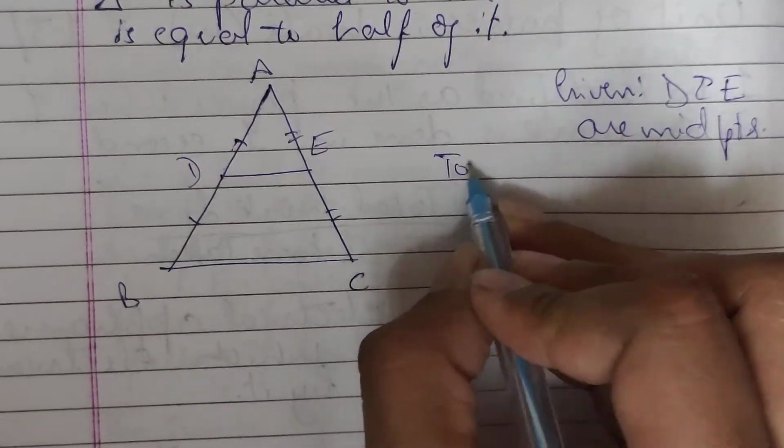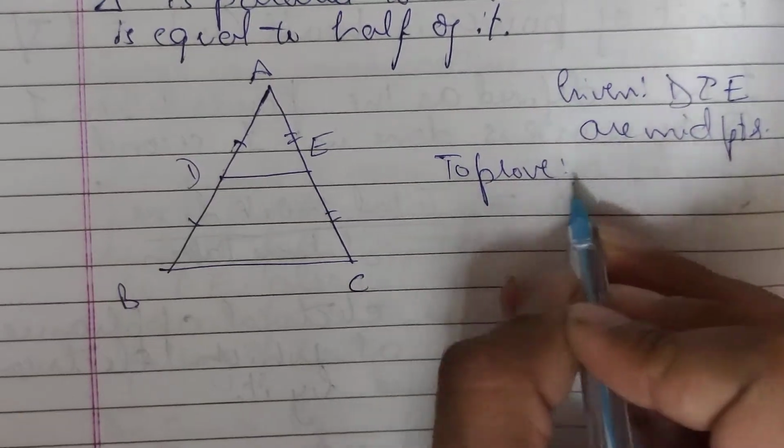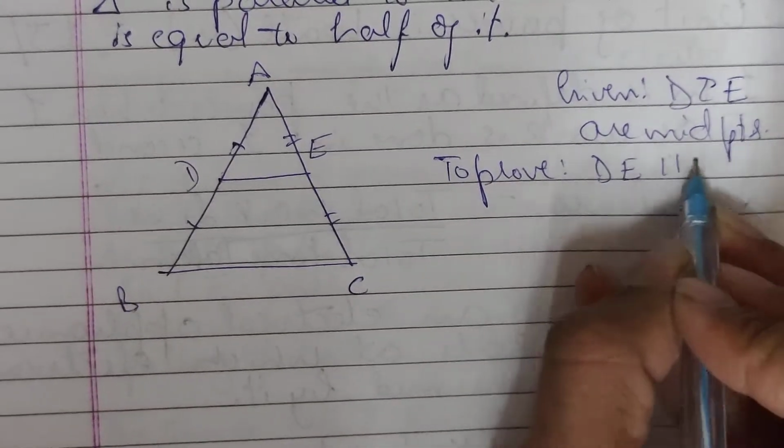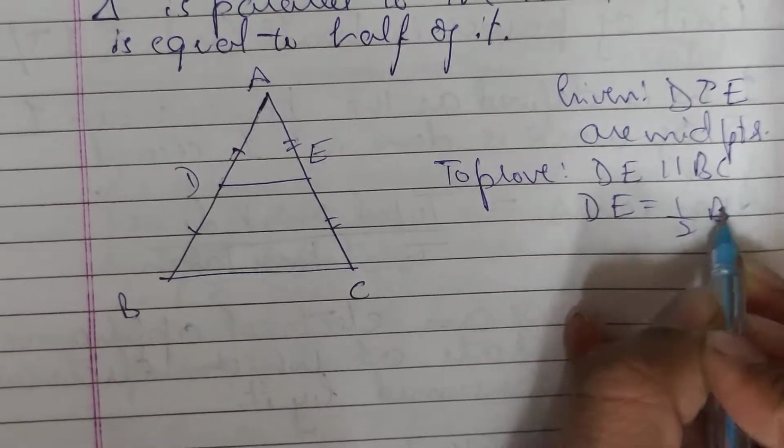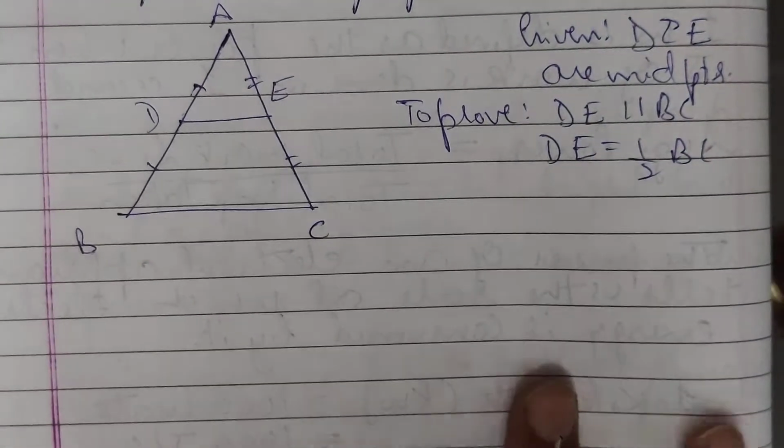To prove, we have to prove that DE is parallel to BC and DE is equal to half of BC.